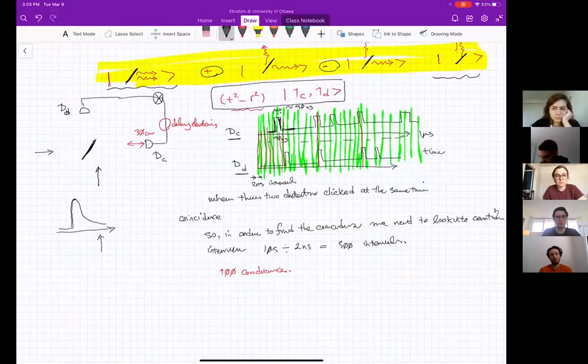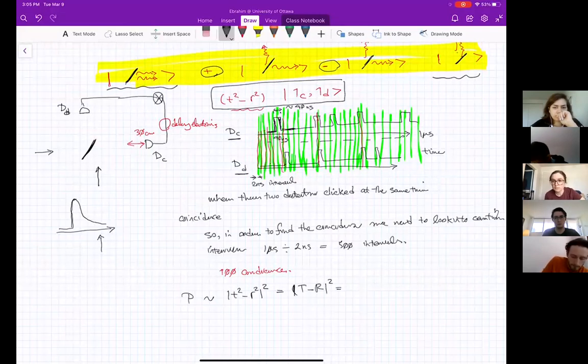So if you look at what we call coincidences, only the middle term will contribute, and the probability of this will be given by the square modulus of it, which is (T squared minus R squared) to the power of 2. So this is T minus R, to the power of 2, or if I want to write it with the transmittivity, yes, let's go with the transmittivity.